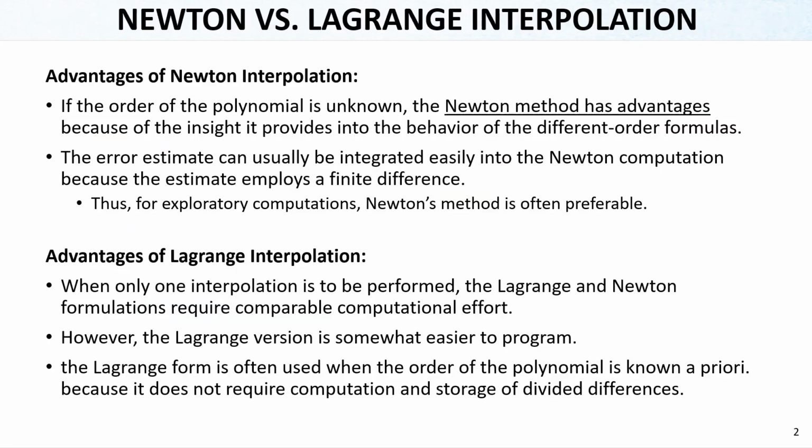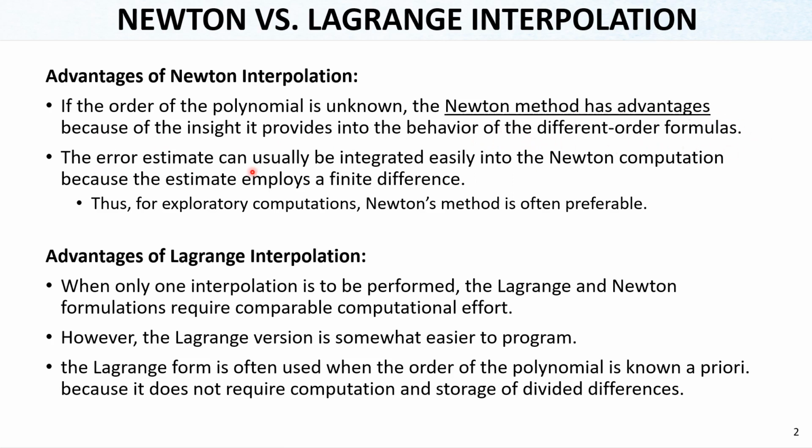Let's compare the Newton's polynomial and Lagrange polynomial for interpolation. Both of them have some advantages, but they give the same result for the same degree. We mentioned this before. And advantages of Newton interpolation. Let's check that first. The order of the polynomial is unknown. If it is unknown, the Newton's method has advantages because of the insight it provides into the behavior of the different order formulas, basically.